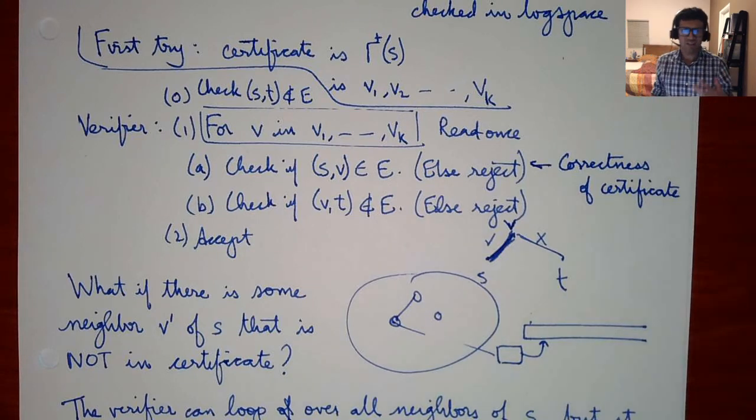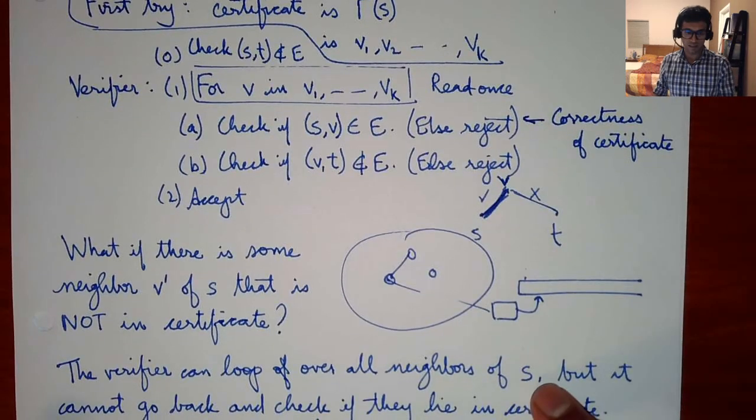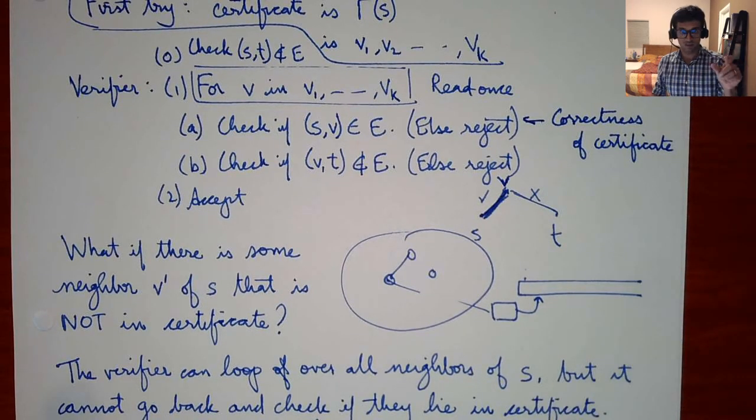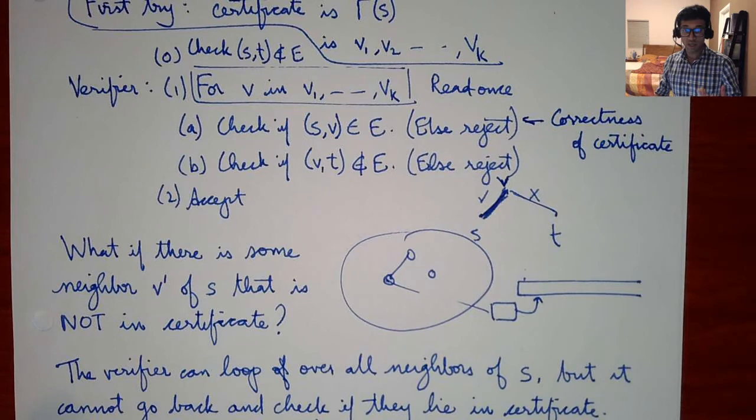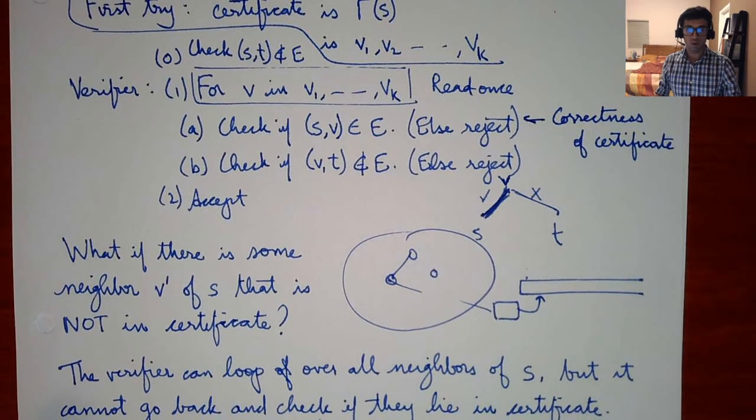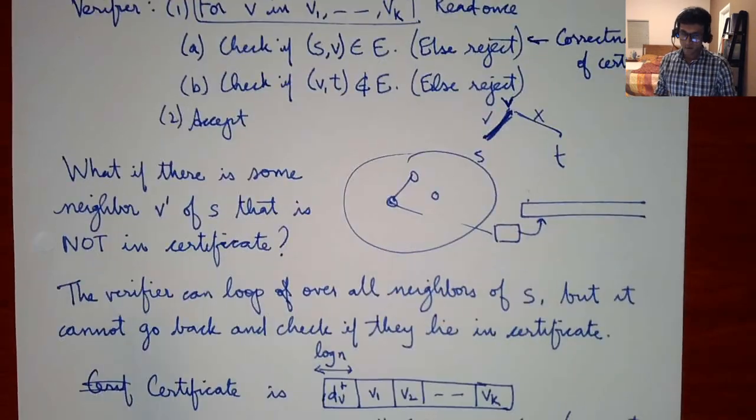Potentially you could try to get a log space machine to loop over all the vertices. It's going to loop over all the neighbors, but it cannot go back and check if it's in the certificate. So we'll actually see how this is going to work.